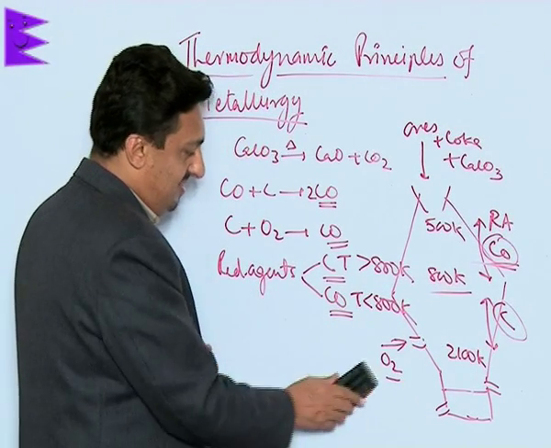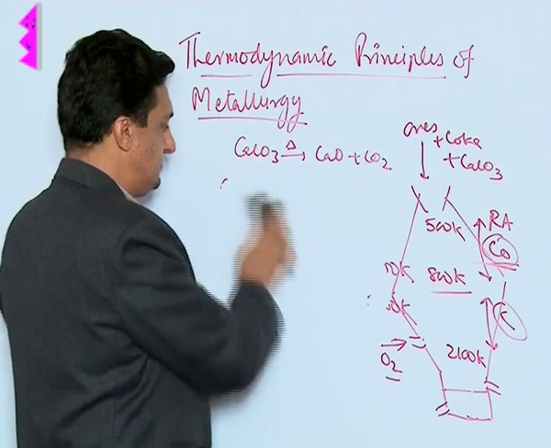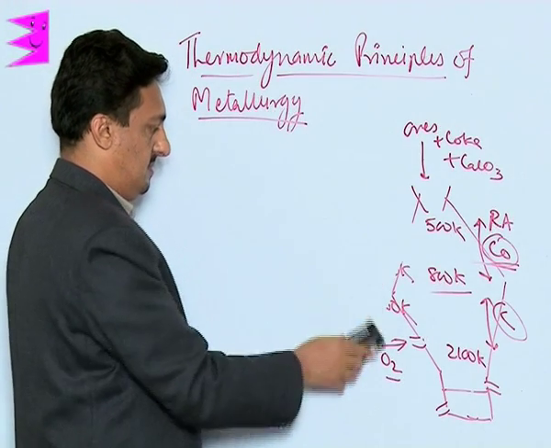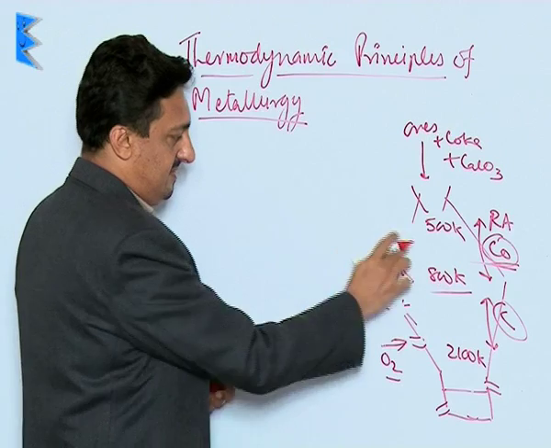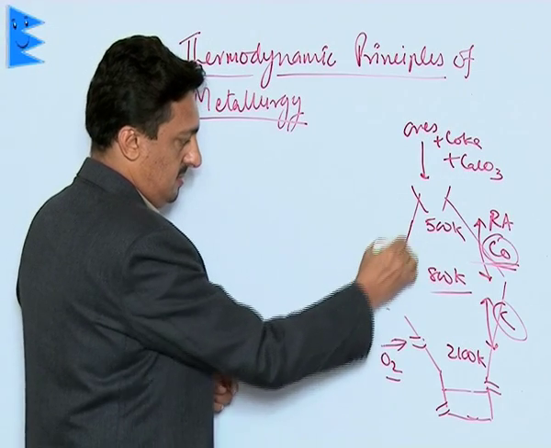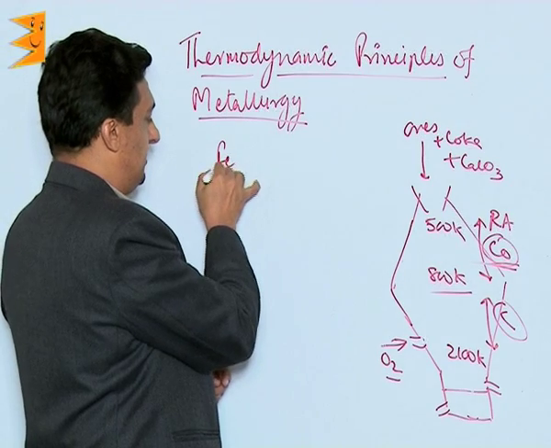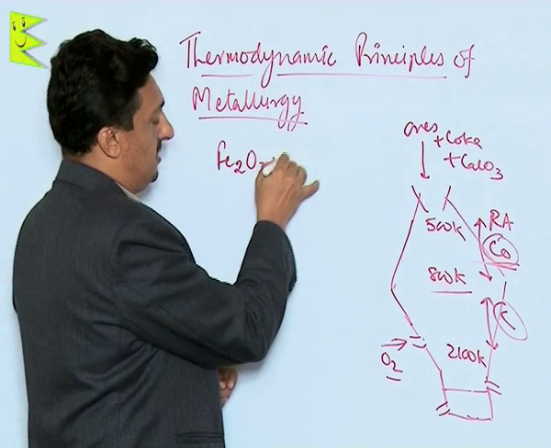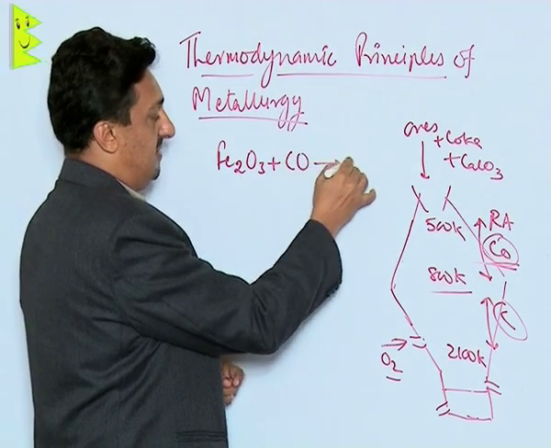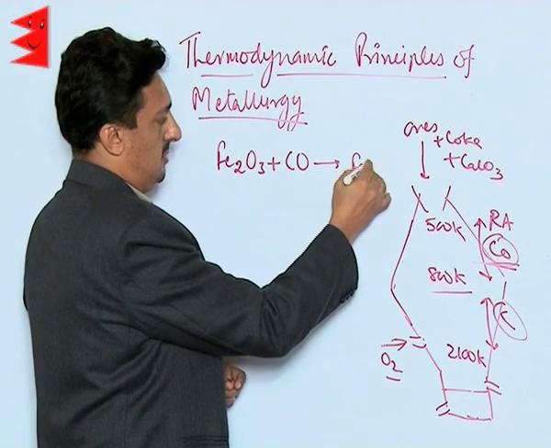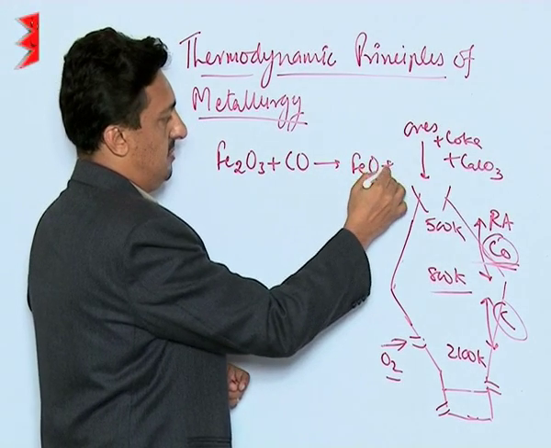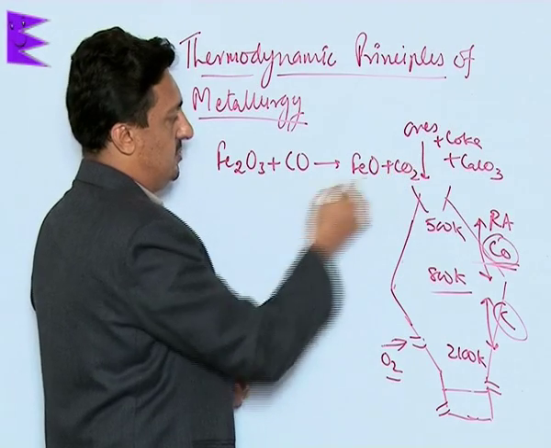Now let us understand how they reduce. In the blast furnace, if we have hematite ore, carbon monoxide combines with it to form FeO plus CO2.